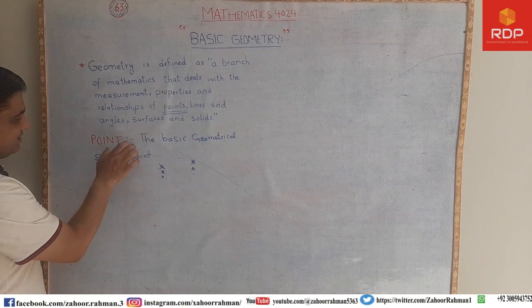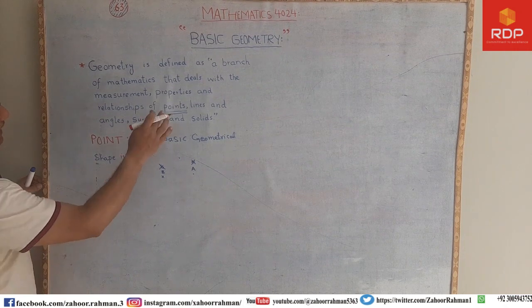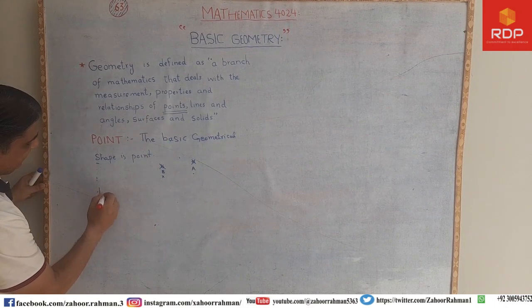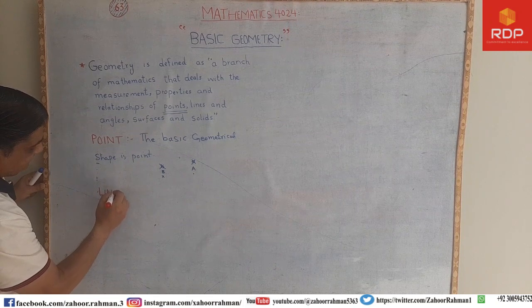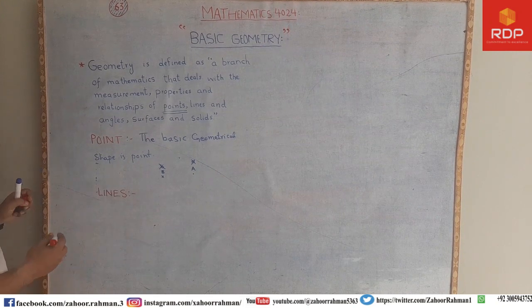So I first explained the point. Next, we have lines. Lines are the second type of shape we can see inside this definition.